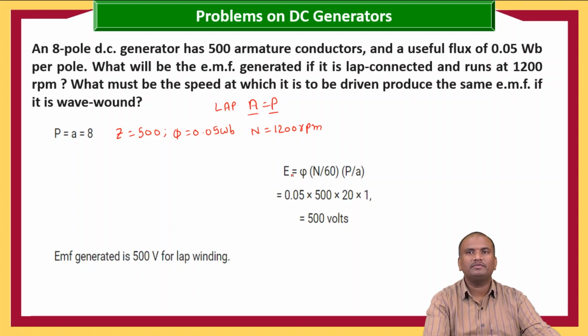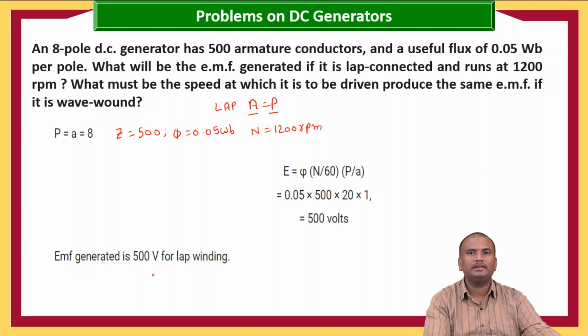That is, EMF Eg is equal to phi Zn by 60 into P by A, which is equal to 0.05 into 500, because Z is constant, into N by 60, that is 1200 by 60, which is equal to 20, and into P by A, number of poles is equal to number of parallel paths, so which is equal to 1, which is equal to 500 volts.